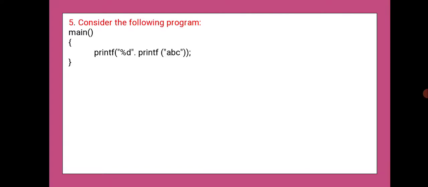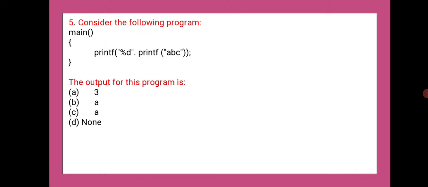Let's move on to the next question. Consider a small program where we have a printf just like this: printf("%d", printf("abc")). What is the output of the program? The options are 3, abc, abc3, or none of the above.